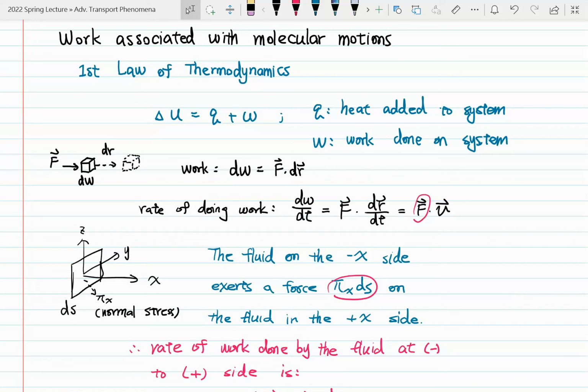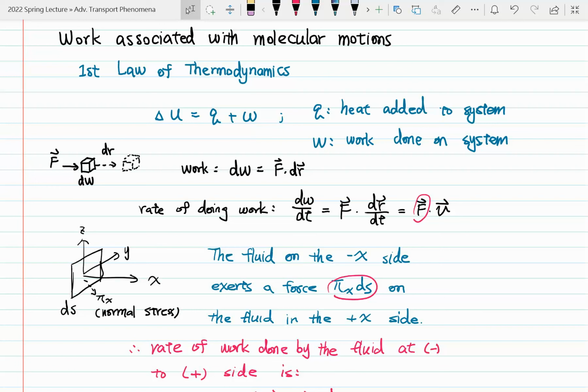So if you draw a control volume, and that control volume is moved with some dr by the force F, then the work associated with that would be dW equals F dot dr. And if you look at the rate of that, you just need to take the derivative of the work with time. That tells you that the rate of doing work equals the force dot the velocity.